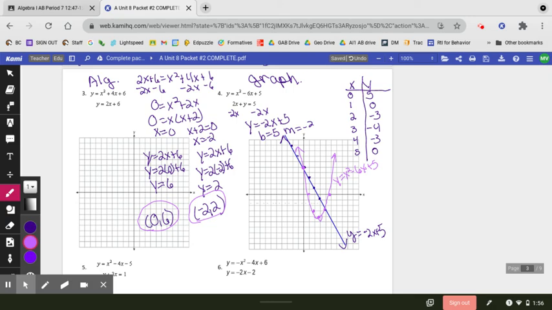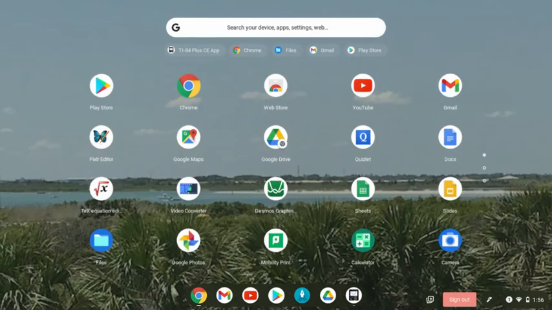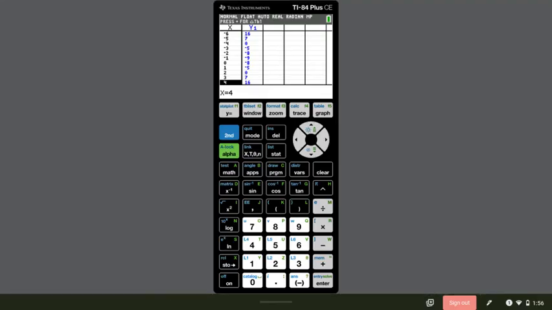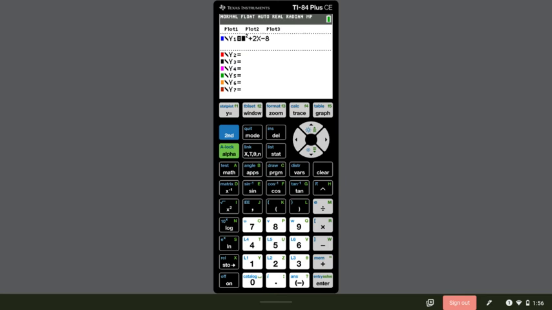Now I need to check this on my calculator. So on my calculator, I go to y equals. I'm going to enter those equations. So it's x squared plus 4x plus 6. And then my other one is 2x plus 6. I graph it to make sure I can see both intersections.